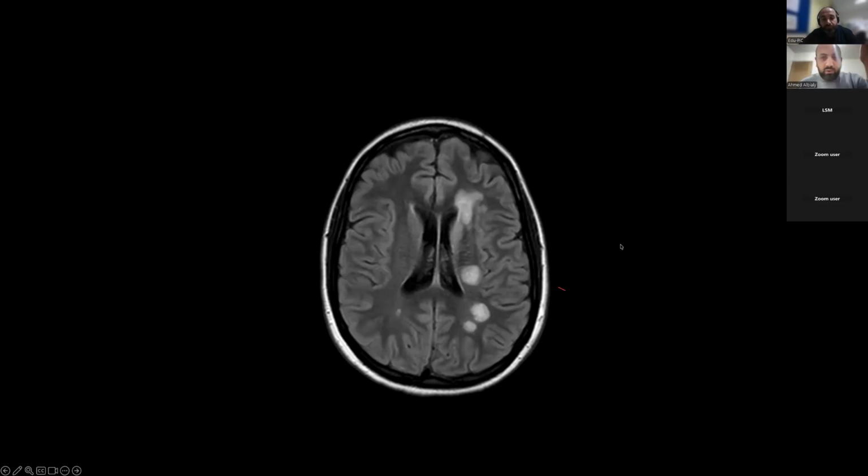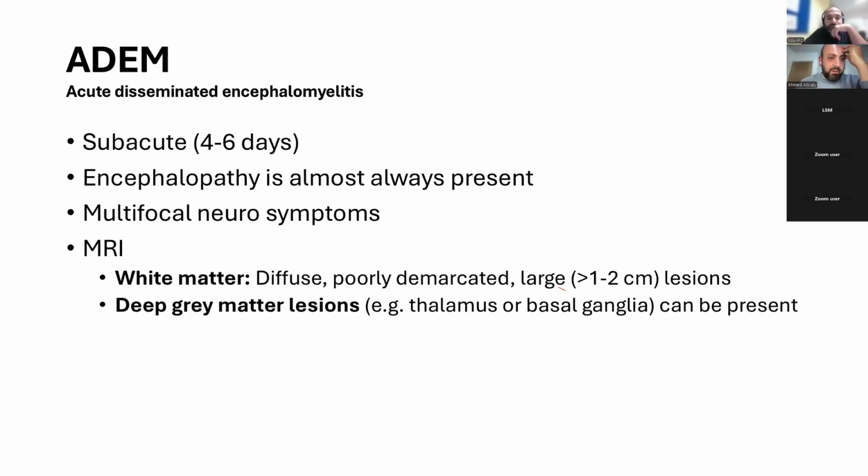Any early impressions before we move on? Yes, someone said ADEM. Perfect. So obviously there will be a differential diagnosis, but this is very likely to be ADEM, or acute disseminated encephalomyelitis, which is typically a subacute presentation with encephalopathy and multifocal neurological symptoms.